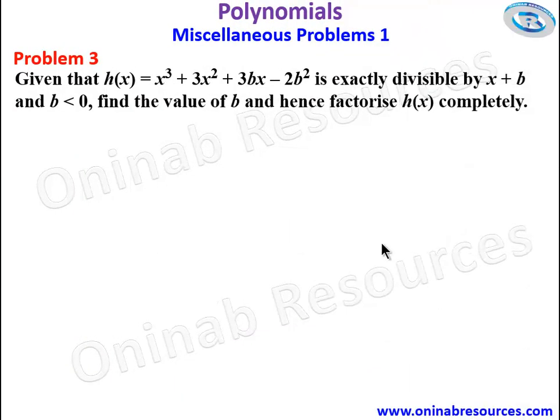For problem 3, given that h of x is equal to x cubed plus 3x squared plus 3bx minus 2b squared is exactly divisible by x plus b, and b is less than 0, that is negative, find the value of b and hence factorize h of x completely.